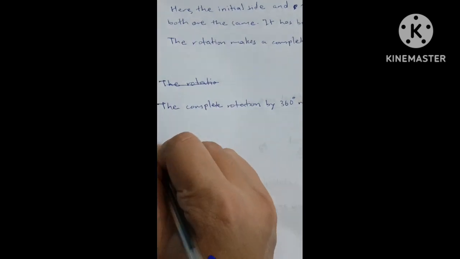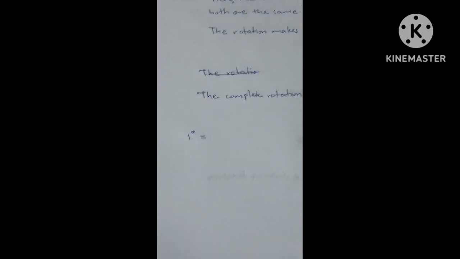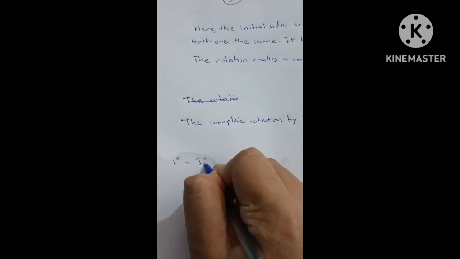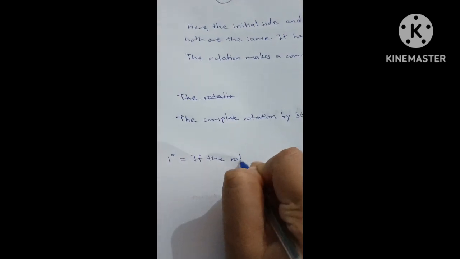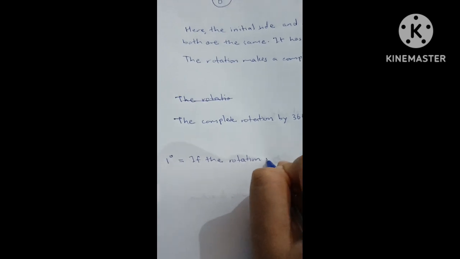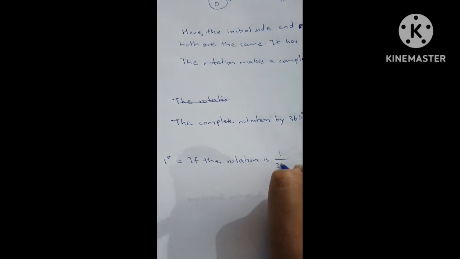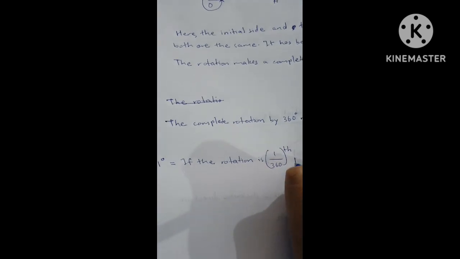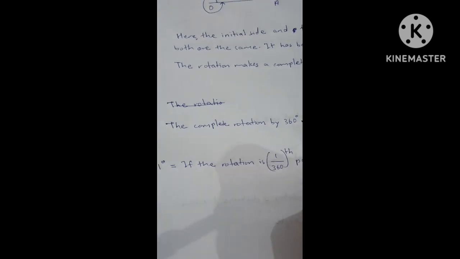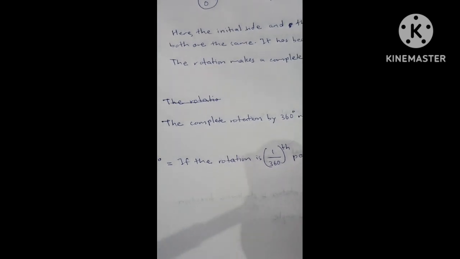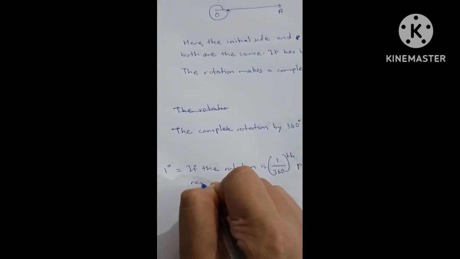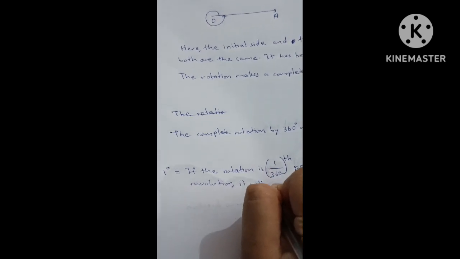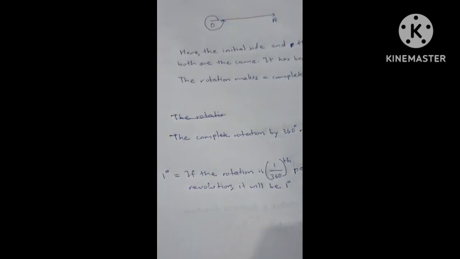Now, how will you define 1 degree? See, if the rotation is 1 by 360th part of a complete revolution, it will be 1 degree.